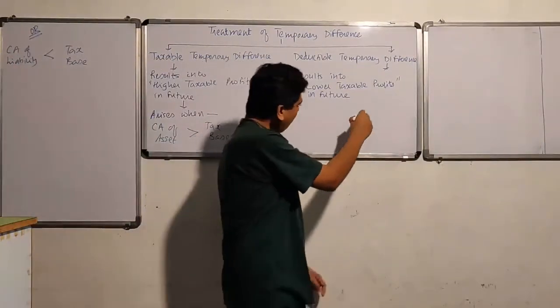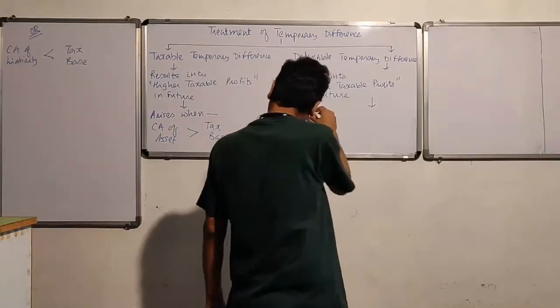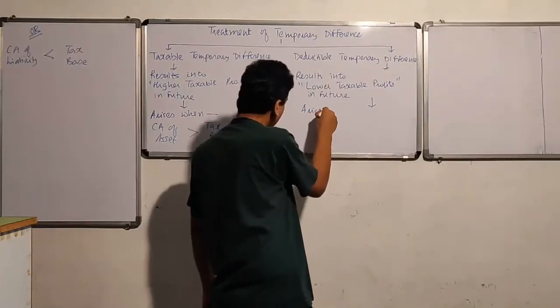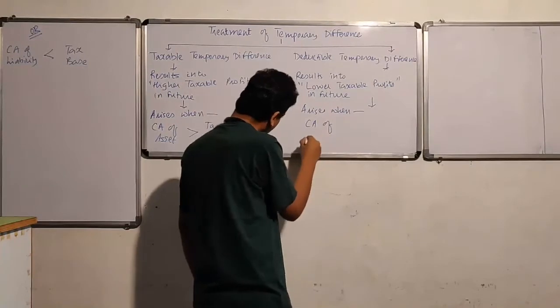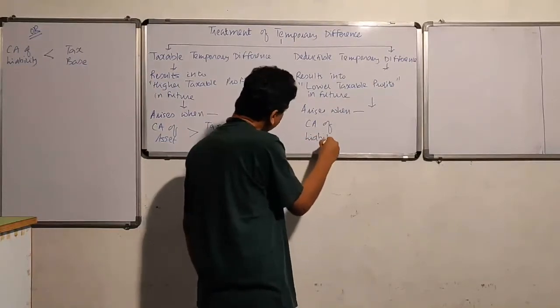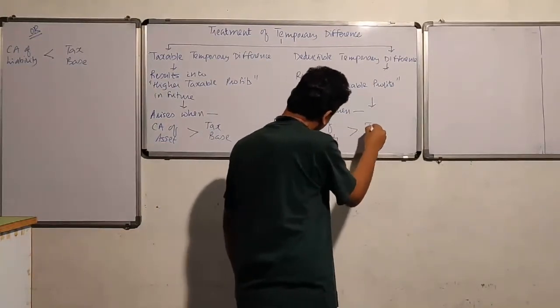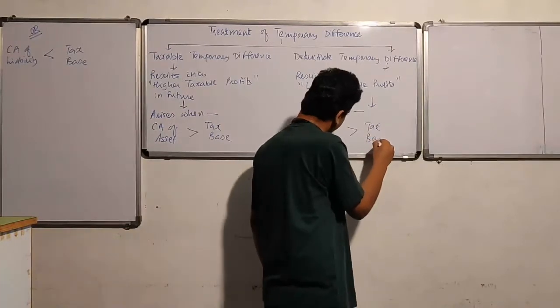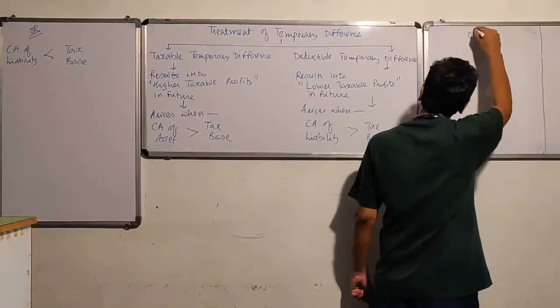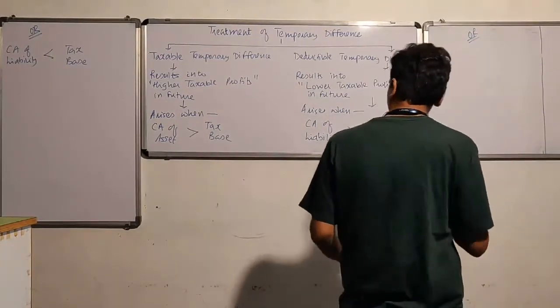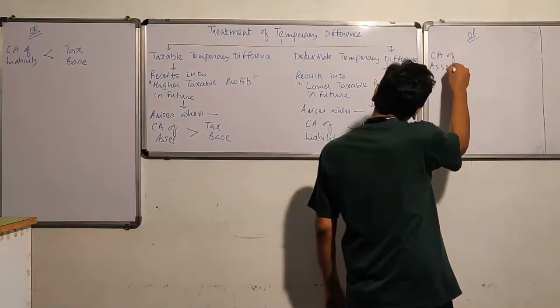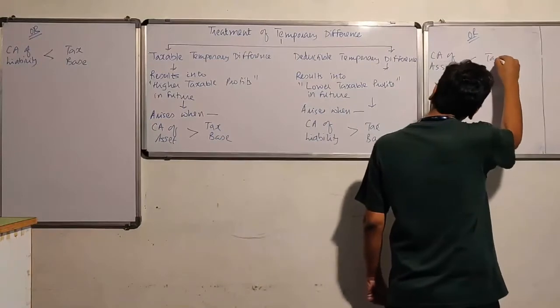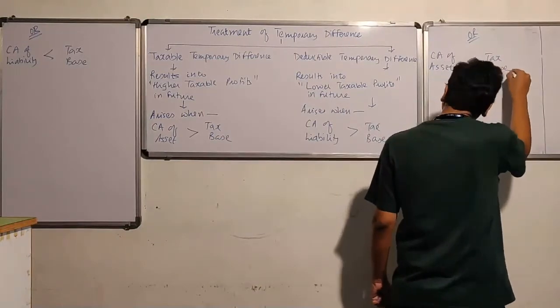Similarly, when will I have deductible temporary difference? It arises when carrying amount of liability is greater than tax base, or, I'm continuing on this side, or carrying amount of asset is lower than the tax base.